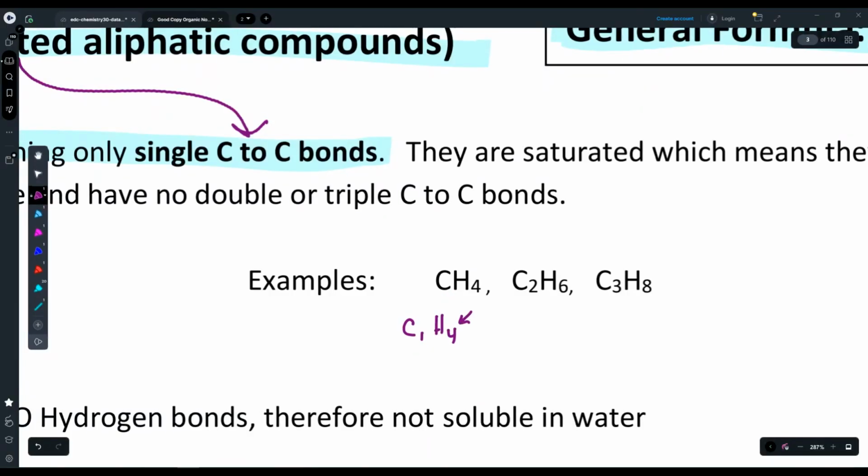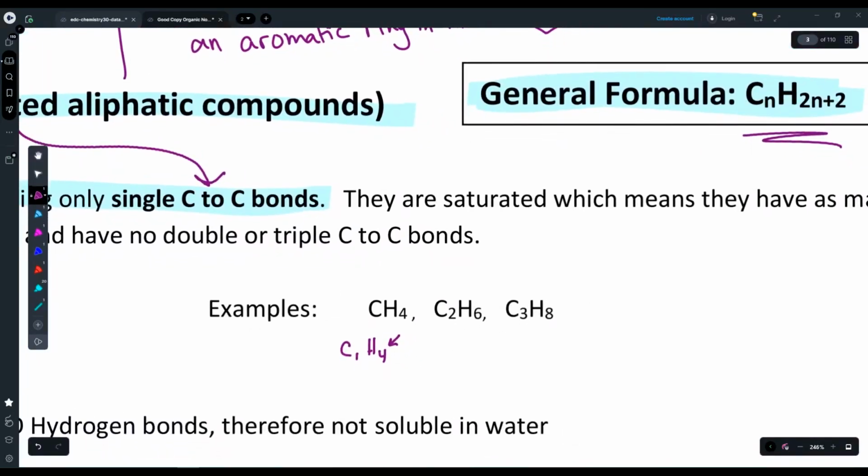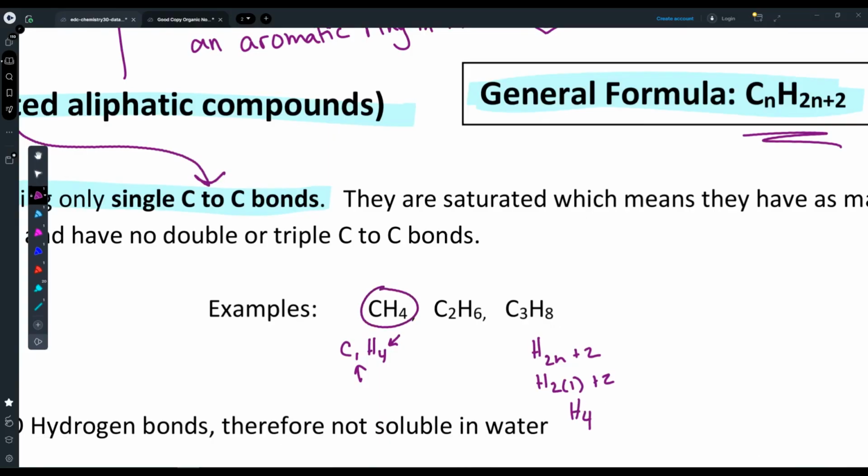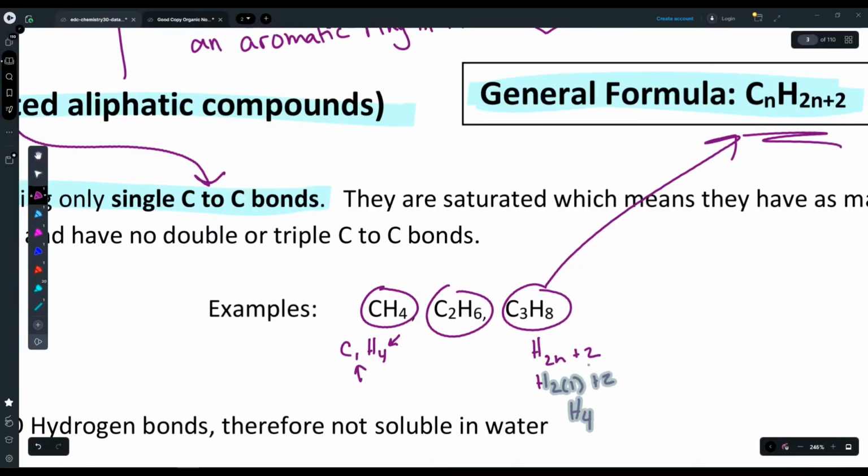But if we look at 4 for the hydrogens, the amount of hydrogens is H2n+2, and n, or the amount of carbons, is 1. So if we plug that in, 2 times 1 is 2, plus 2, that's going to be 4. Okay? So all of these chemical formulas follow this general formula because they are alkanes.